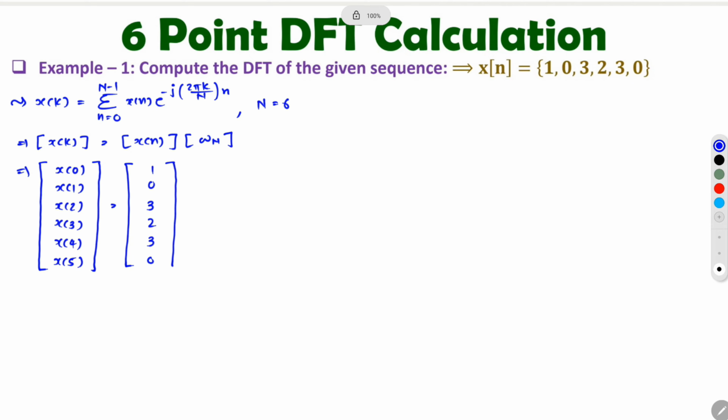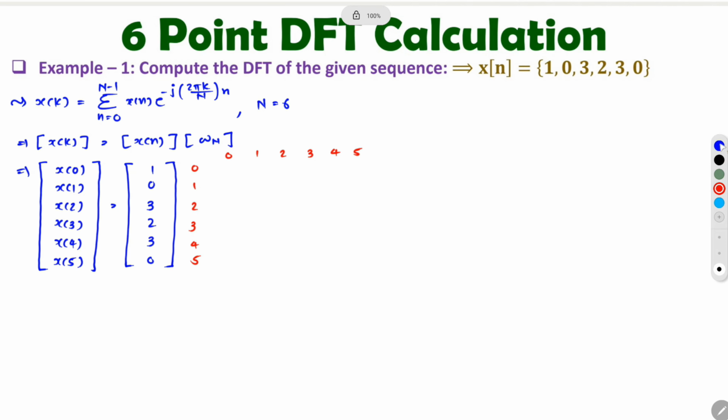Now you need to understand calculation of Wn matrix. So weightage matrix, that you need to understand how to write that. See, first of all, note down digits as per 0, 1, 2, 3, 4 and 5 vertically, and horizontally 0, 1, 2, 3, 4 and 5.